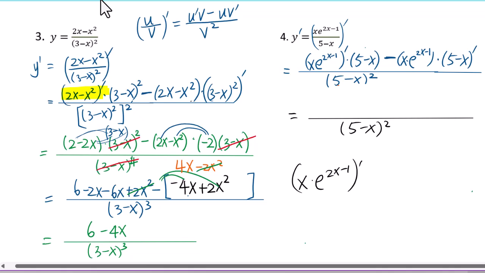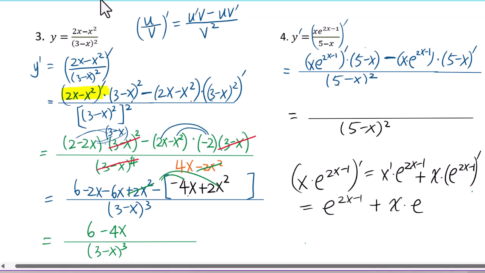We will use the product rule. Equals x prime times e to the power of 2x minus 1 plus x times e to the power of 2x minus 1 prime equals x prime is 1, so we got e to the power of 2x minus 1 plus x times e to the power of 2x minus 1.